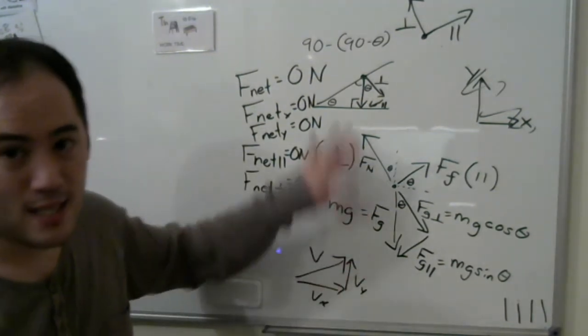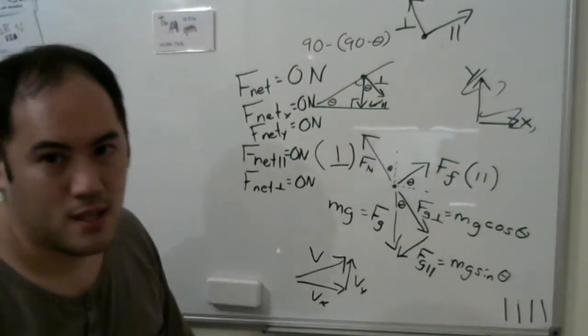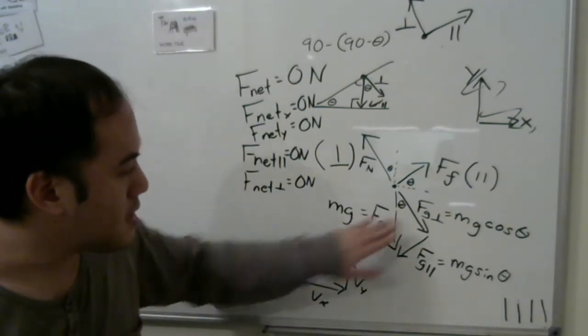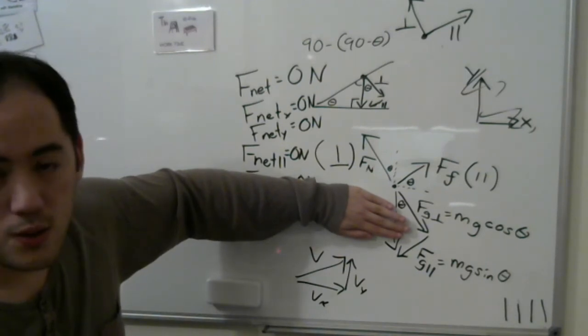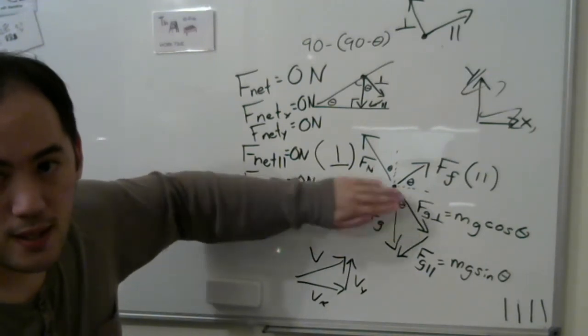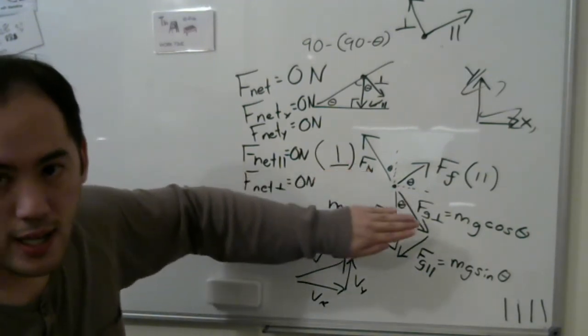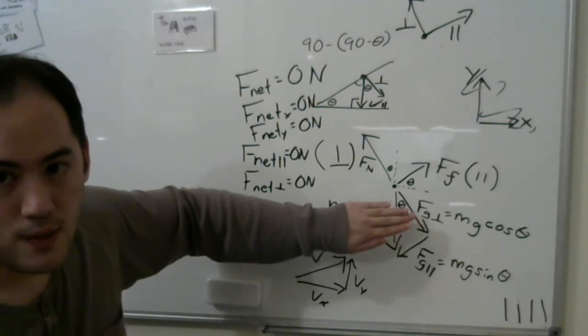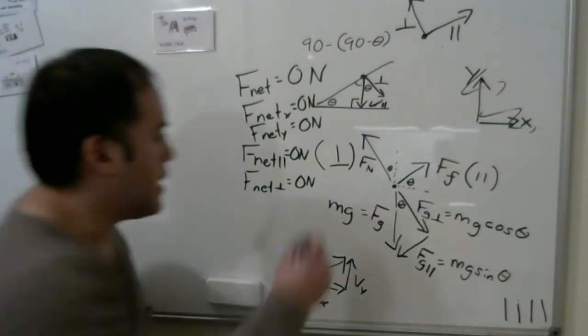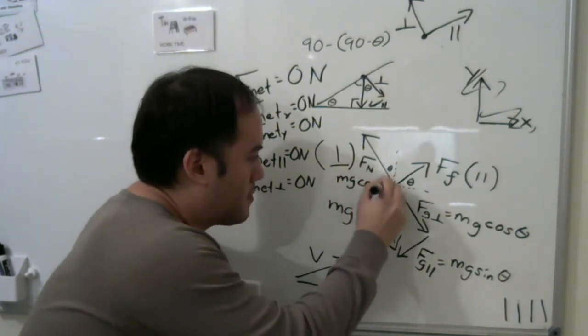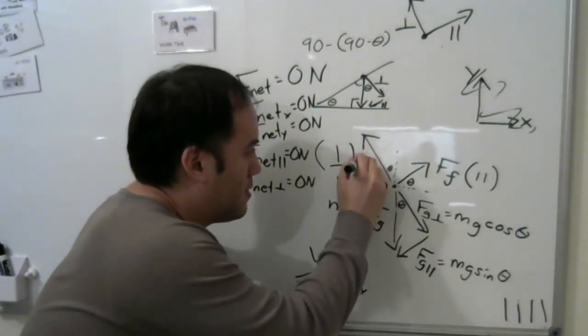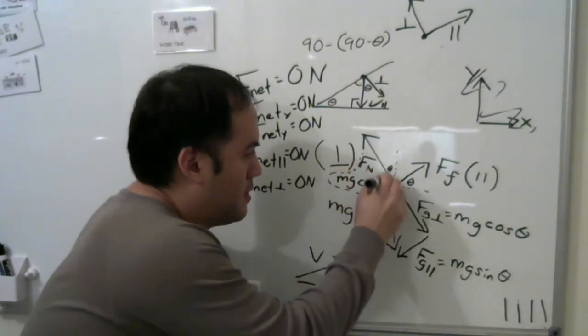So it's kind of messy. Look at this free body diagram. We resolved Fg into these two, so we can ignore Fg now. There's only two forces that are perpendicular, Fn and Fg perpendicular. So Fn is mg cosine theta. Sorry for the messiness. Hopefully your notes are a little nicer than this.